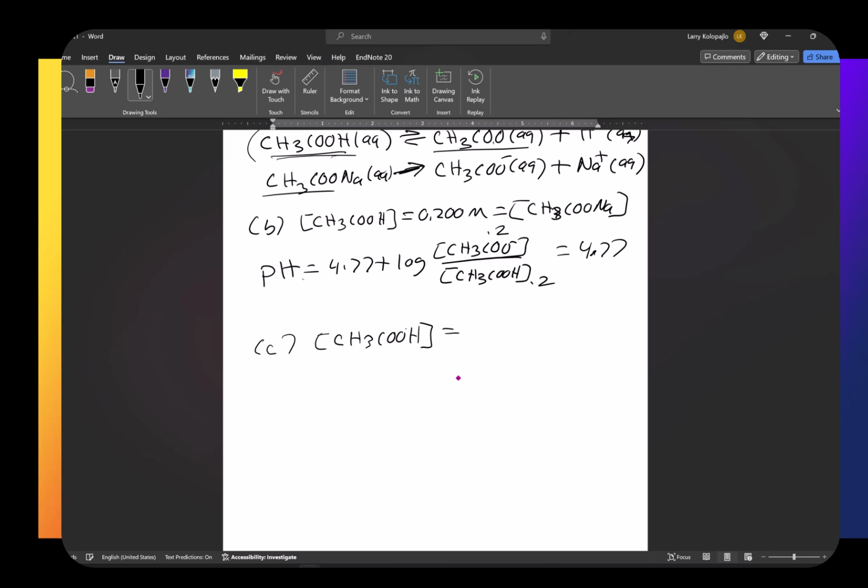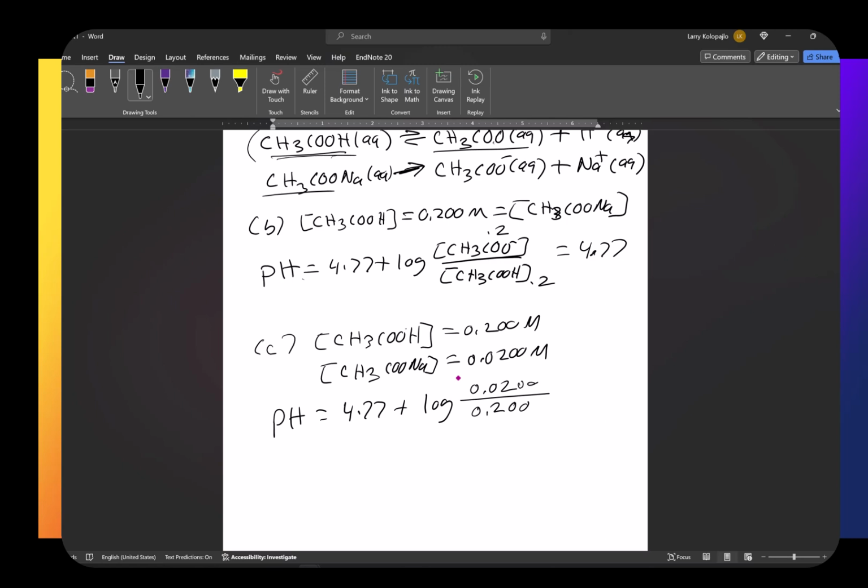The acid concentration is 0.2, and the salt is going to be 0.02. So the pH, again, is 4.77 plus log, product over reactant, conjugate base over acid. So in the denominator, we have 0.2, in the numerator, 0.02. You can see that this ratio is 1:10.